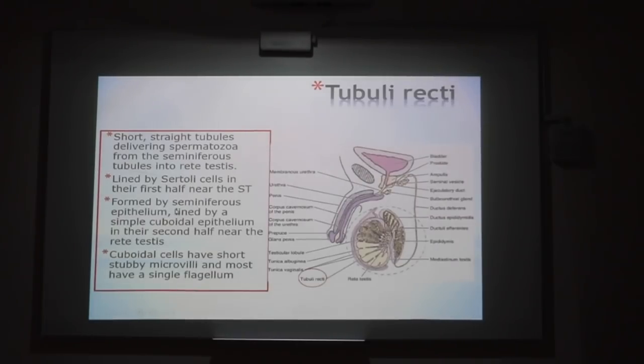So the straight tubules in the initial part are formed of the Sertoli cells, and the later half of these straight tubules includes cuboidal cells which have one flagellum or short, sturdy microvilli.